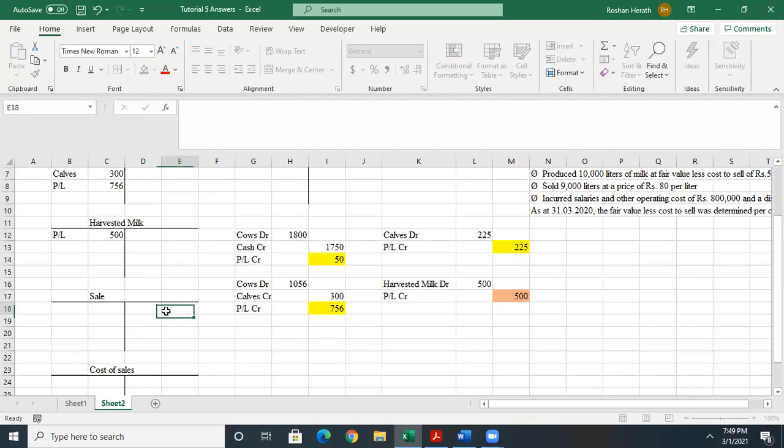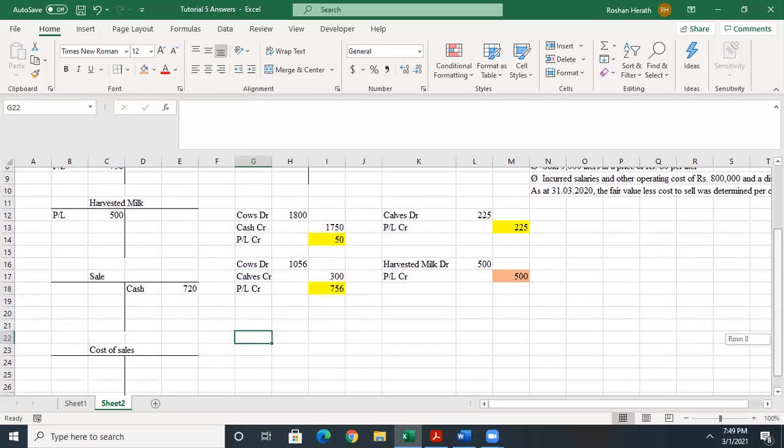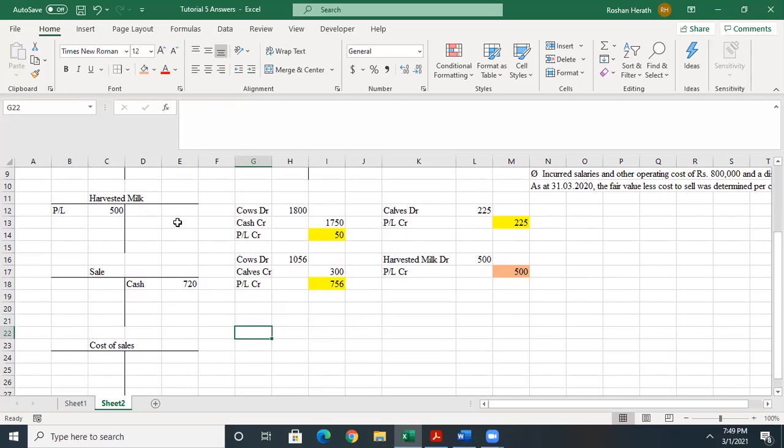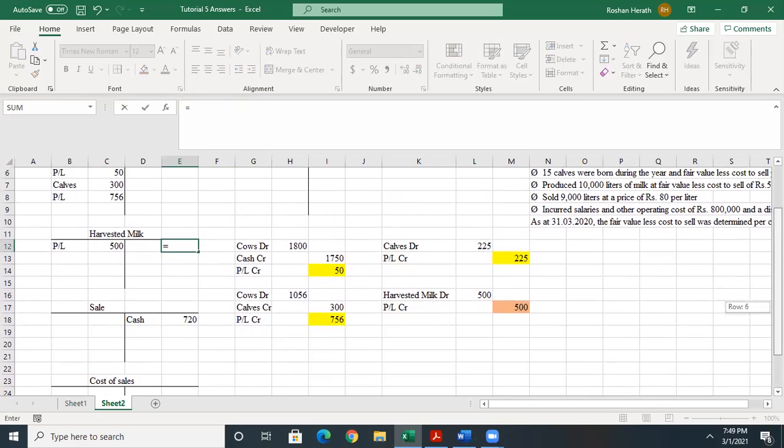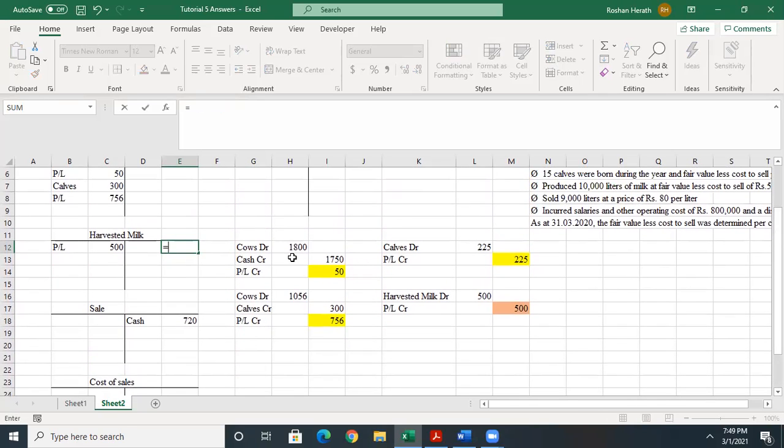When it comes to sales, you can see it's 9,000 into 80. So this is your sale. You may receive cash. Let's say it's a cash transaction. But at the same time, you are going to lose some milk, and it comes at a cost. You're selling 9,000, and the fair value less cost to sell was rupees 50 or something.